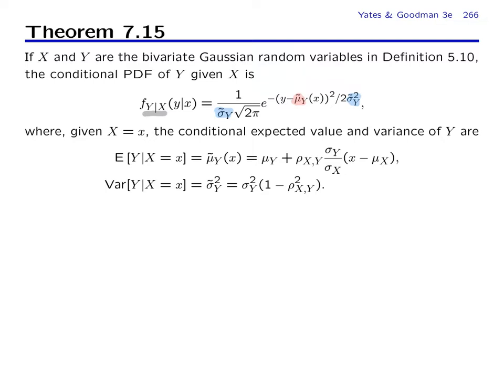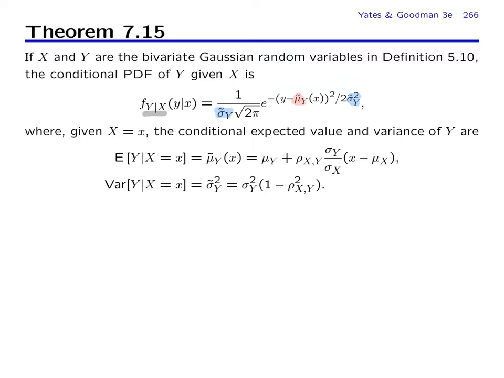From the structure of this form of PDF, we know that this is the expected value, and we know that sigma y tilde is the standard deviation. But more than that, we can actually find these functions, which are functions of the observation x, in a very simple form.